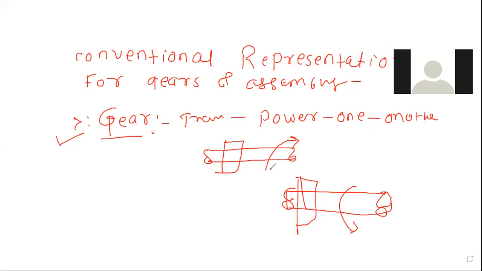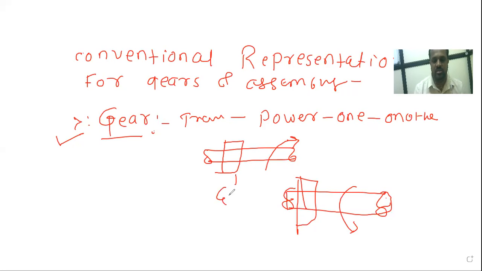For this purpose we use gears. One gear will be here, another gear here. When we mesh the two gears with each other, the power from this shaft will be transmitted easily to this shaft. The purpose of a gear is to transmit the power from one shaft to another shaft.